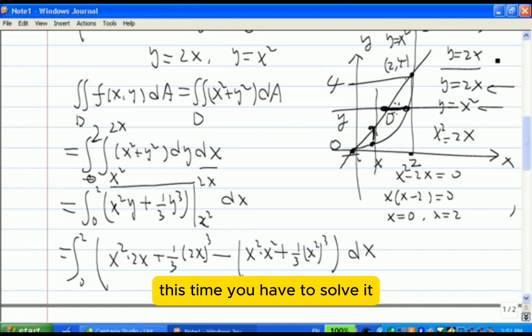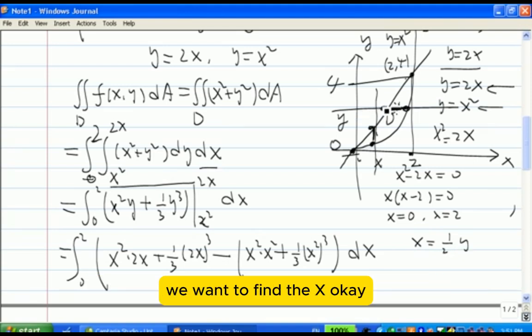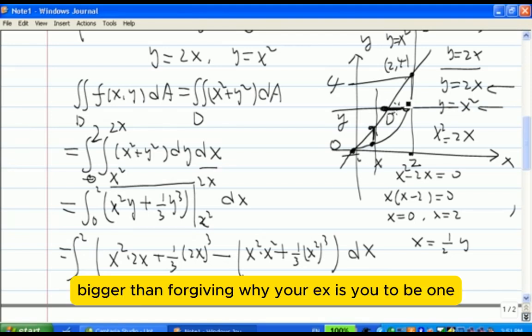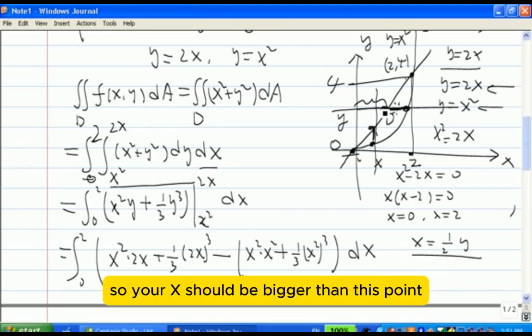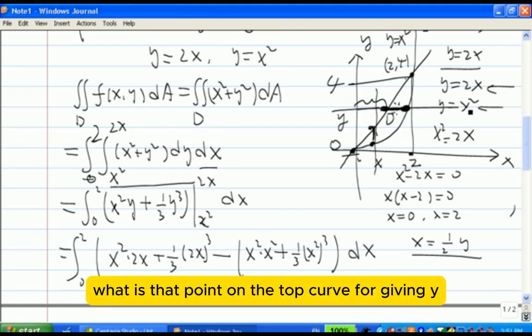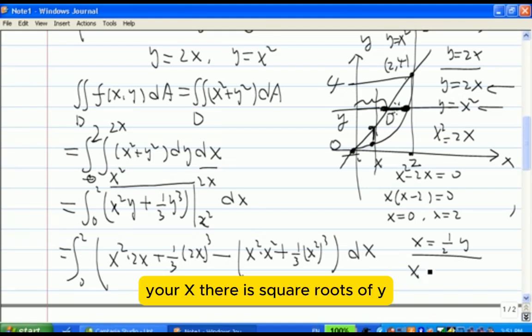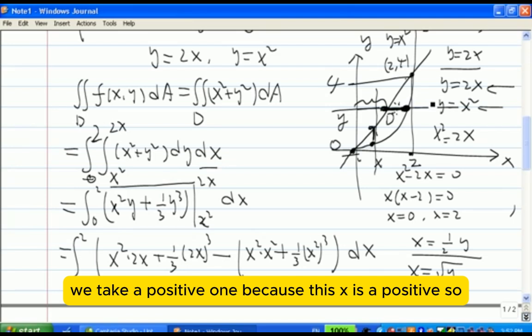This time you have to solve it, so x is equal to 1/2 y, because we're given y and want to find x. For a given y, your x should be bigger than this point, this length, which is 1/2 y. Less than this point. What is that point? On the top curve, for a given y, your x there is square root of y. We take the positive one because x is positive.